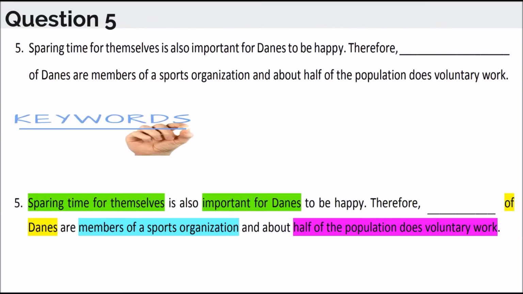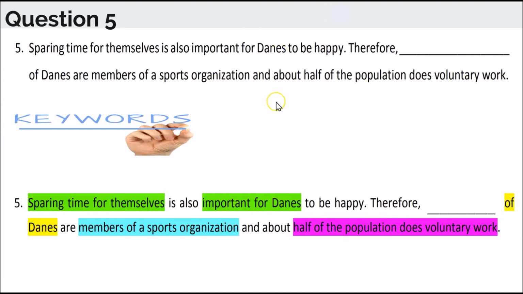You will find that question 5 is relatively easy compared with the rest. In question 5, here goes the statement. Sparing time for themselves is also important for Danes to be happy. Therefore, of Danes are members of a sports organization. About half of the population does voluntary work. So please pay attention to the key words here.